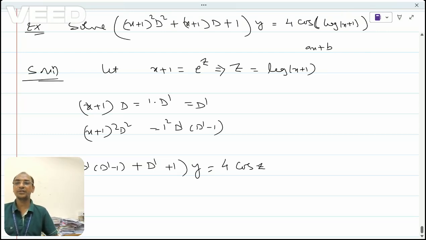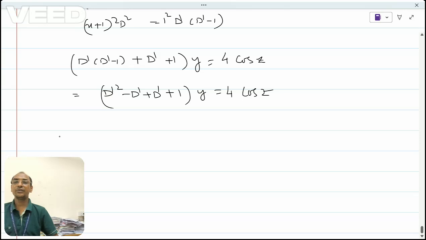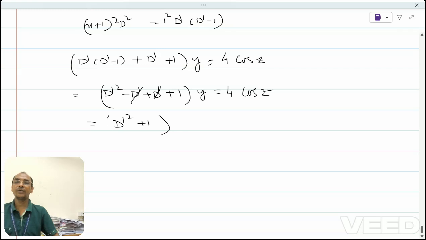This means D dash squared minus D dash plus D dash plus 1 of y equal to 4 cos z. You see, plus D dash and minus D dash get cancelled, and the remaining thing will be D dash squared plus 1 of y equal to 4 cos z.